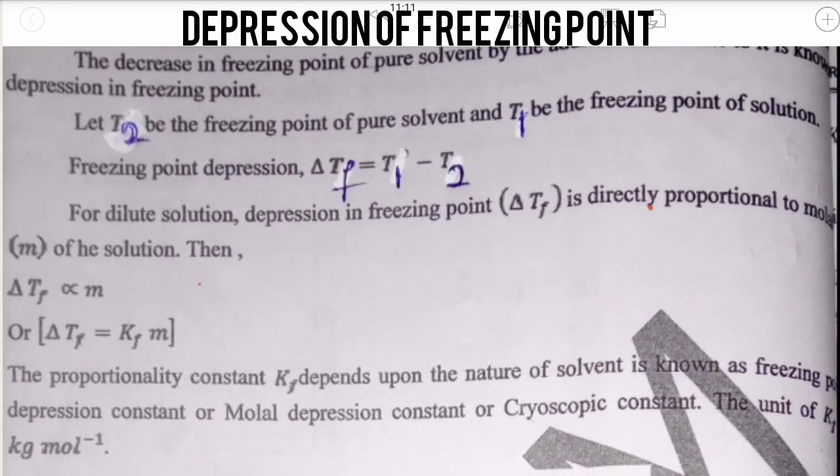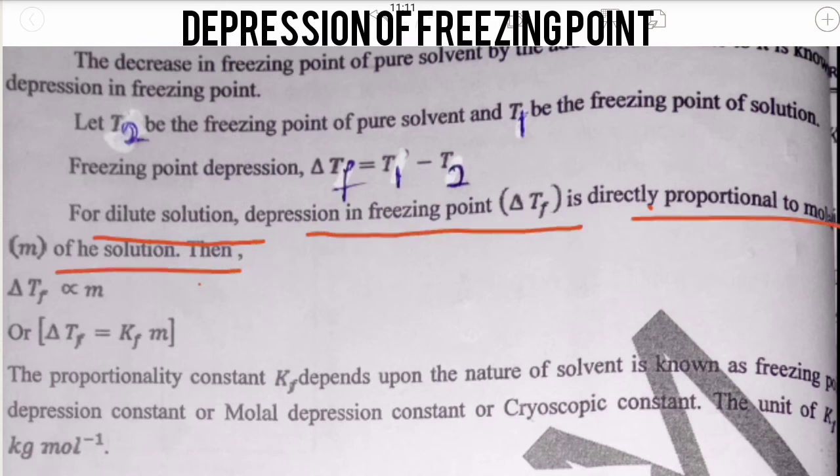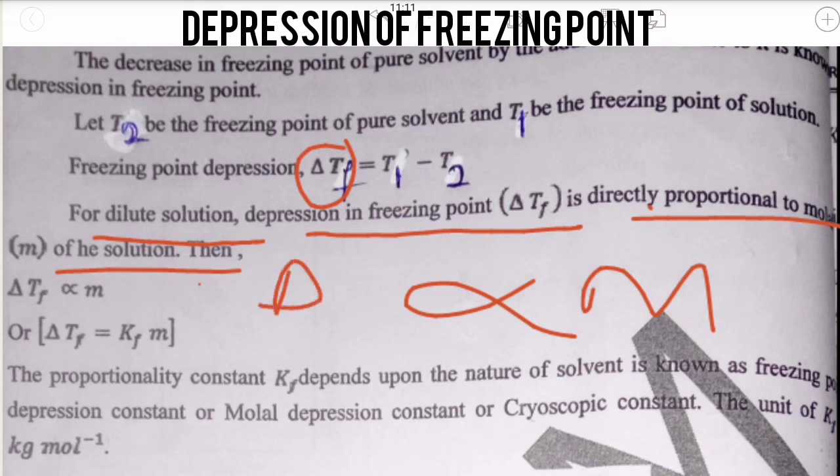For dilute solutions, depression in freezing point is directly proportional to the molality of the solution. Delta Tf is directly proportional to m. When you remove the proportionality sign and put the equal sign, you get the constant Kf.